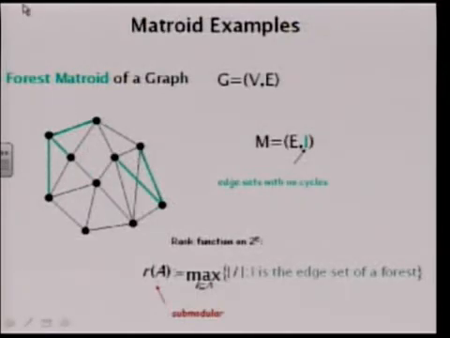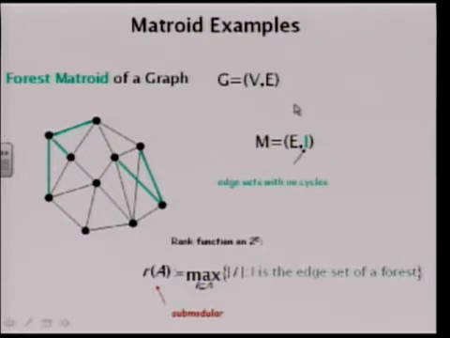Okay, so we cannot talk about anything without examples, I guess. So here are the matroid examples. If you consider the forest matroid of a graph, okay? A graph in this context is a collection of vertices and edges. So you have a set of vertices and a set of edges of this graph G. And then the matroid is basically about what?